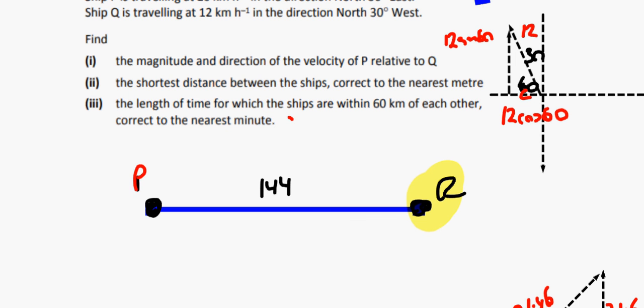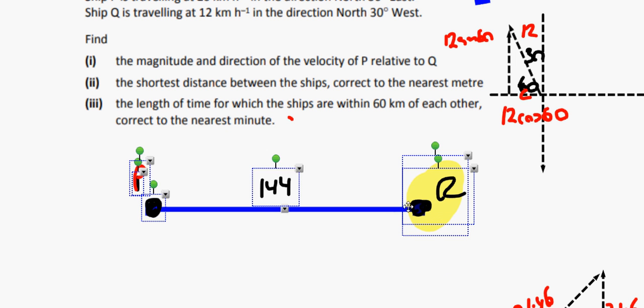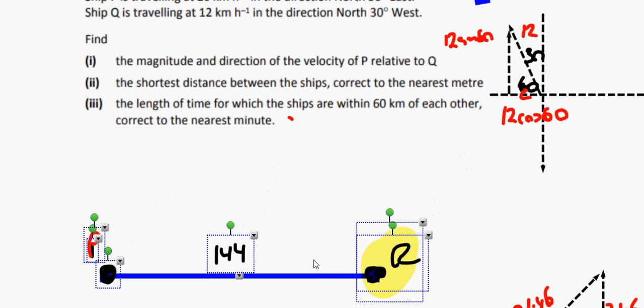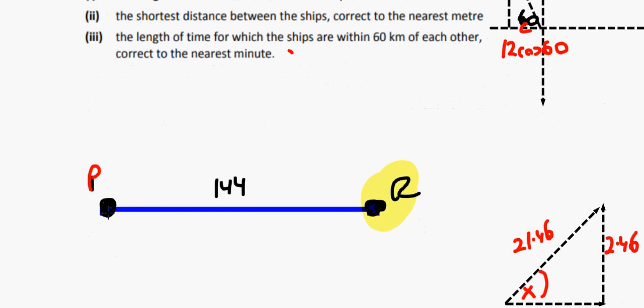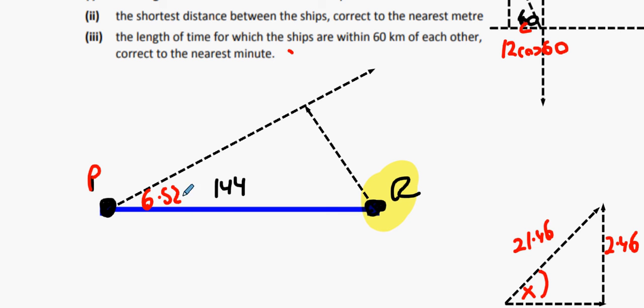Now, we know the angle it goes up at. P moves relative to Q in a northeast direction. We've established that earlier. The northeast direction is 6.58, and we want the shortest distance, D.